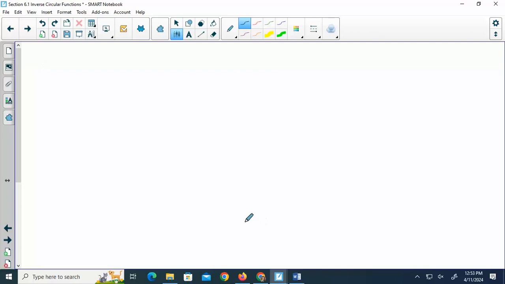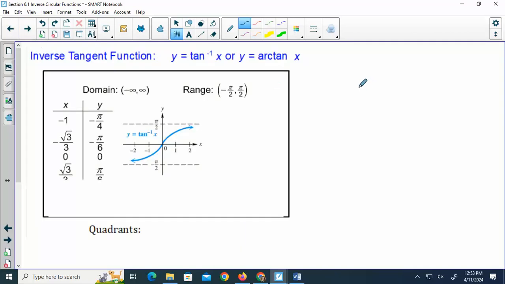So, technically, tangent is positive in 1 and it's negative in both 2 and 4. The way it's defined is that tangent inverse is quadrant 1 and 4. And that goes back to how when we originally graphed it, we went from negative pi over 2 to positive pi over 2. So that's why it's going to be 1 and 4 now.